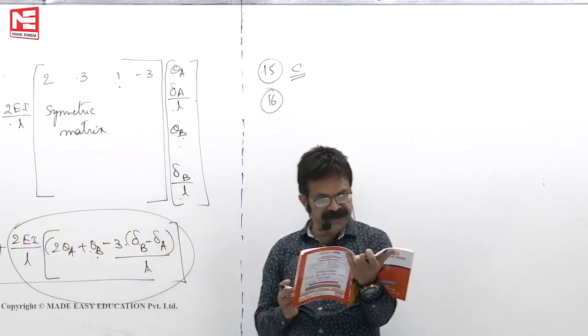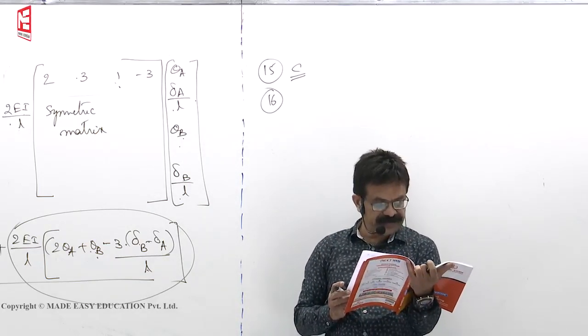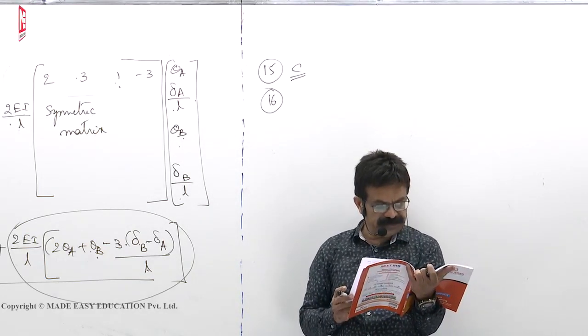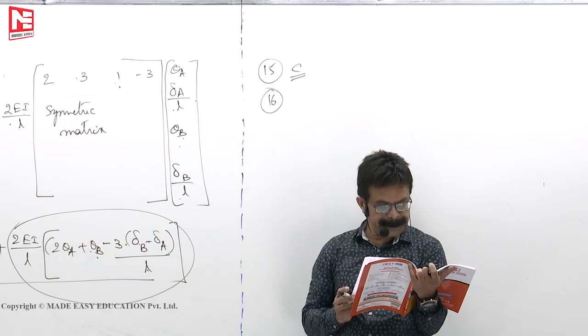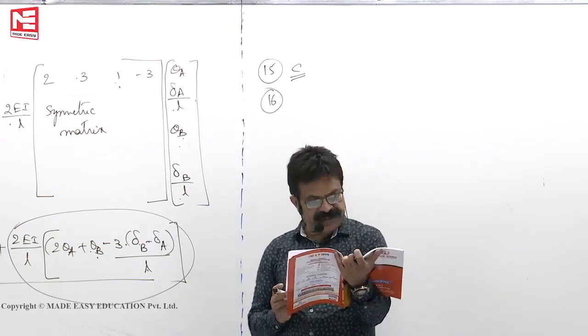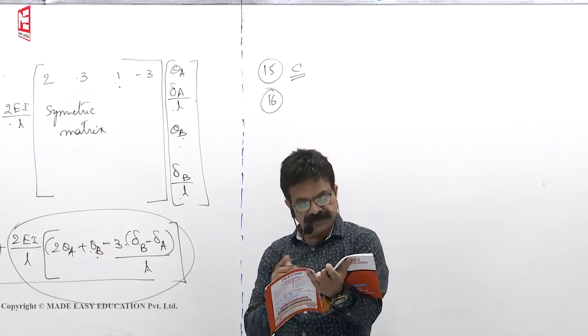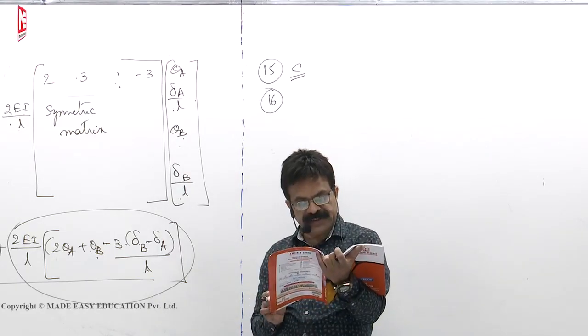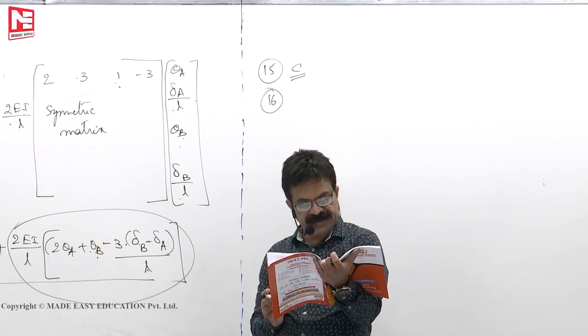Equations of equilibrium will be unsymmetric. C is also wrong. It is not unsymmetric, it is symmetric there also.